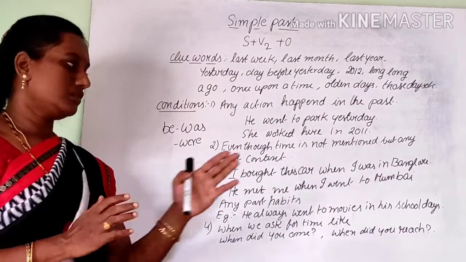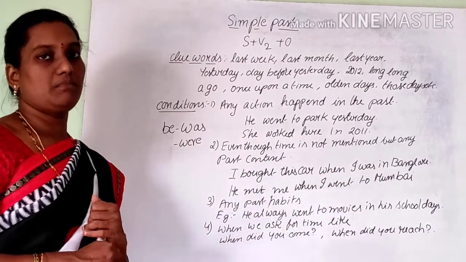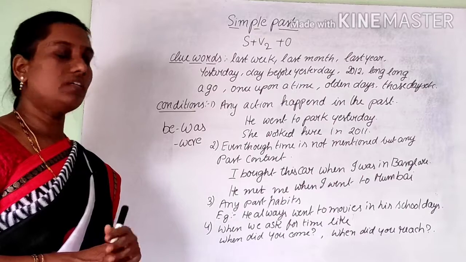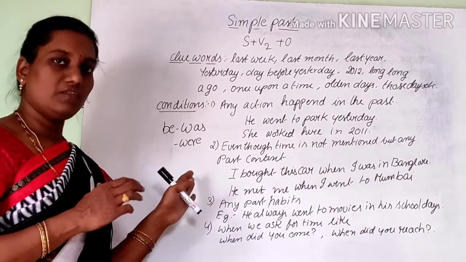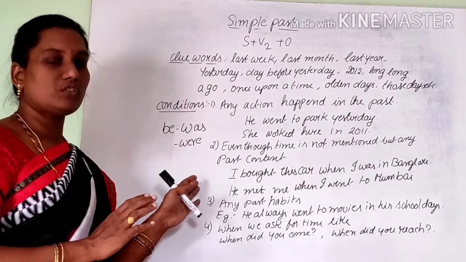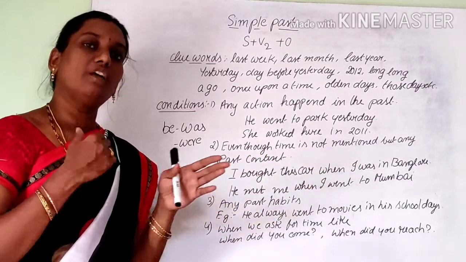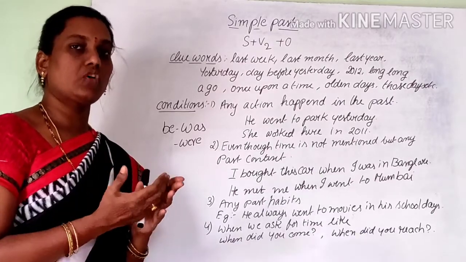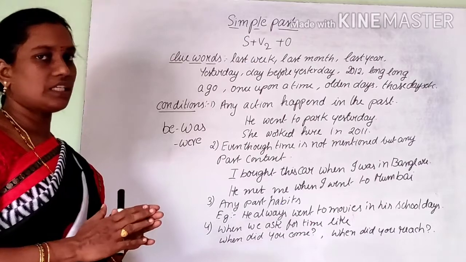Okay, here because of this action also should be in simple past. Okay, so hope you understood about the second condition, where even though the time is not given, the context or the situations show that the action has already happened. We'll see now the third condition.